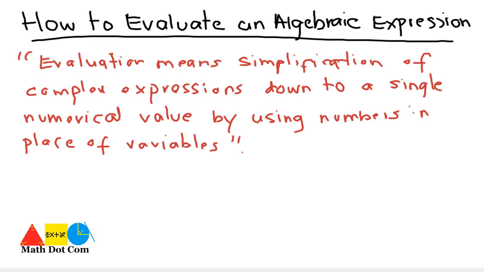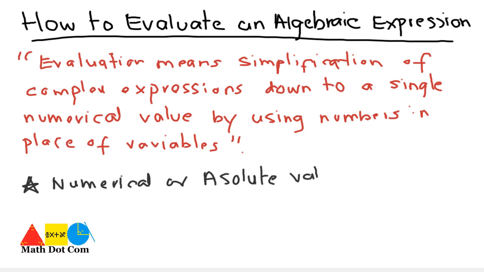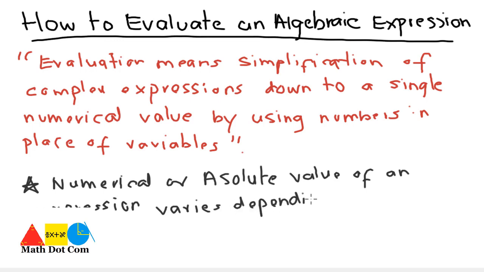This is an important thing: the numerical or absolute value of an expression varies depending on the value of the variable.